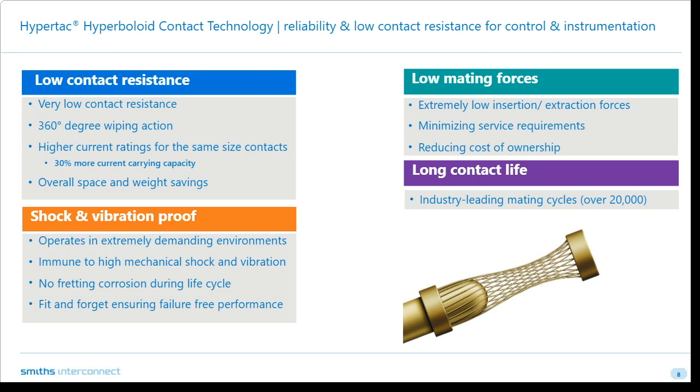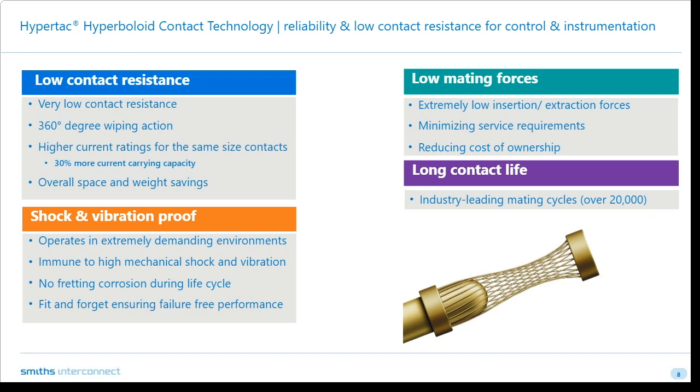So the fundamental part of the hyperboloid contact technology is the low contact resistance. If you remember, I talked about the failure mode, and how some of the failure mechanisms that set in ultimately lead to increasing contact resistance.